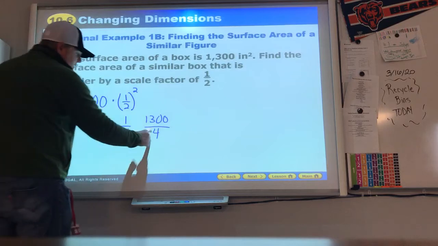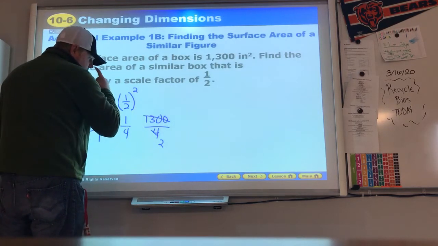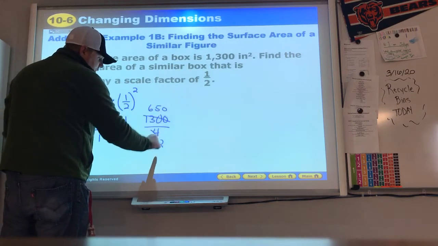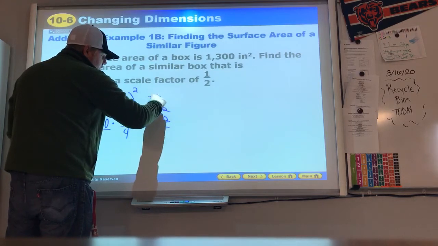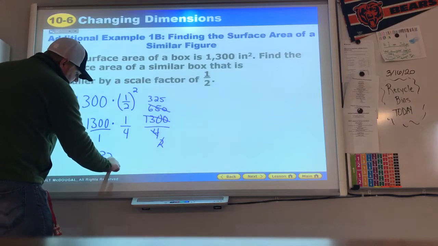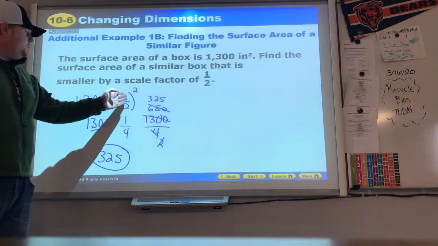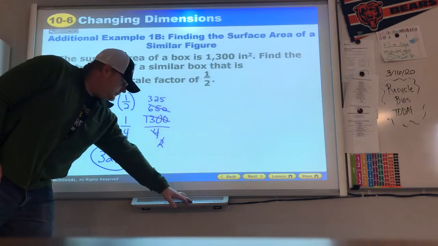We do the division and get 325. That is our new surface area, because we squared our scale factor and then multiplied, which ended up in division.